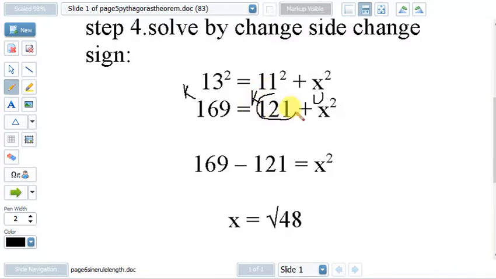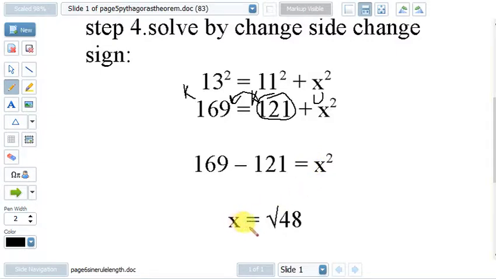So what we've got to do is to get knowns on one side and unknowns on the other. So plus 121, when we move over, becomes a negative 121, which we can see in step 3 here. And then we simplify. 169 take away 121 equals x squared.